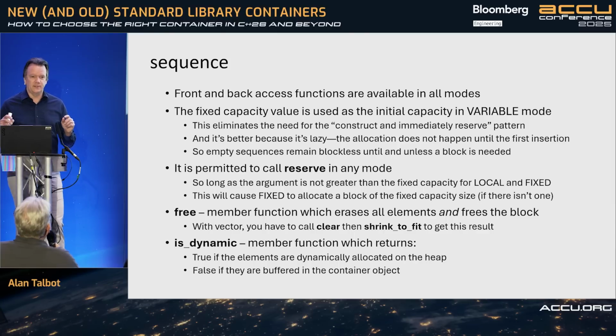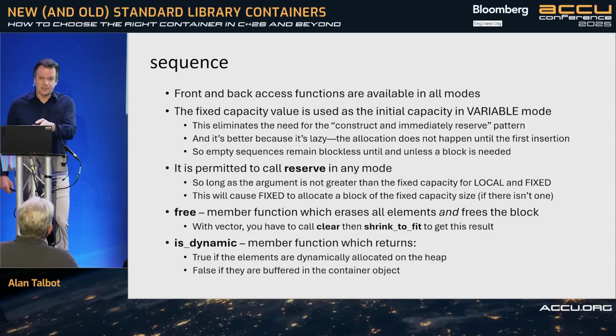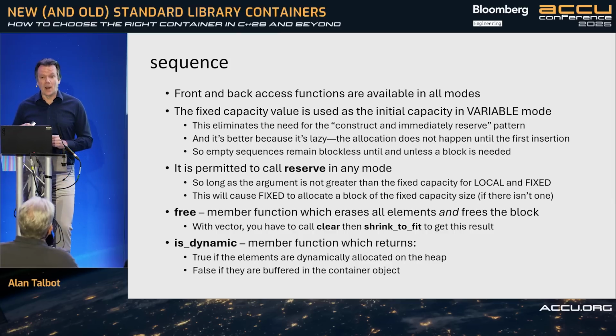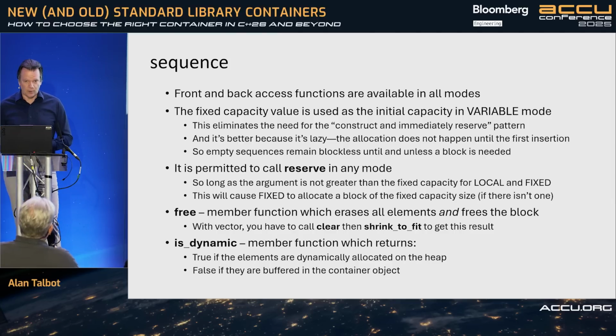When you call capacity, you get what it... okay, depends. Okay, I see what you're saying. When you call capacity on a fixed or a local, you get the fixed capacity size. When you call it on a variable, you get whatever the capacity is at the moment, just like a vector. And by the way, to tell whether you have an allocation or not is to call capacity. If it's 0, you do not have an allocation.